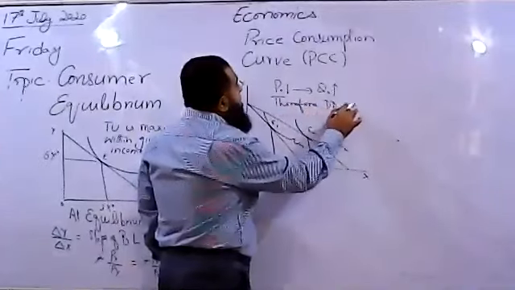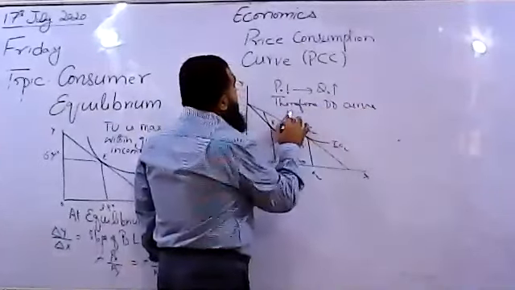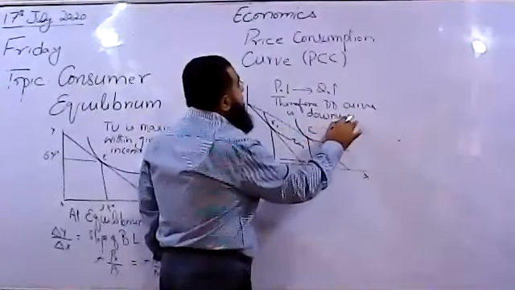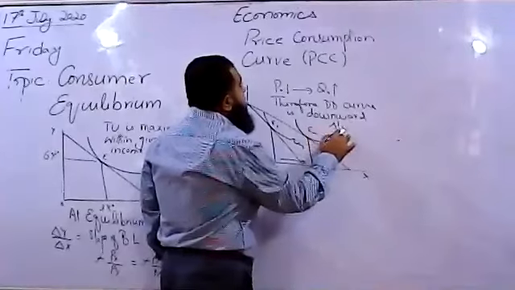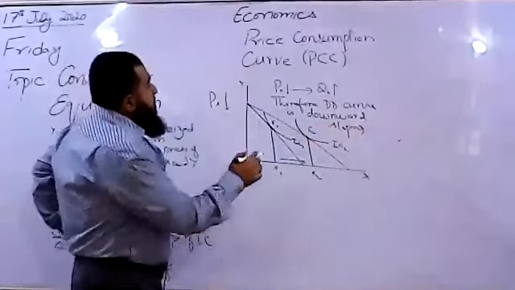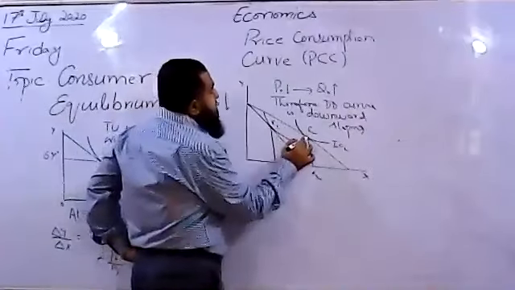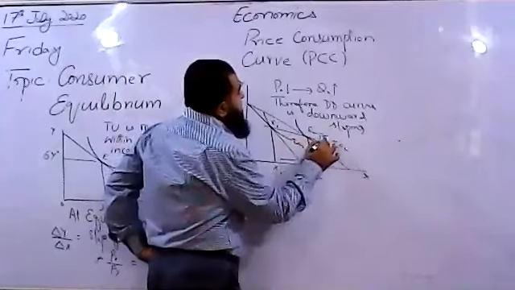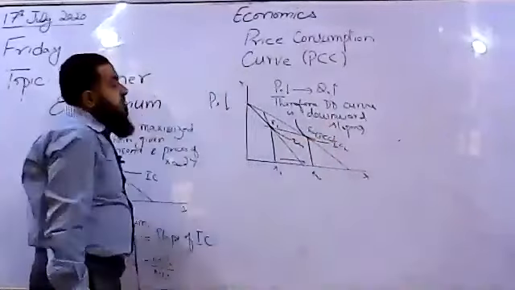therefore the demand curve is downward sloping. It is now downward sloping, or negatively sloping. Okay, if we join these two equilibrium points, this will give us the PCC.